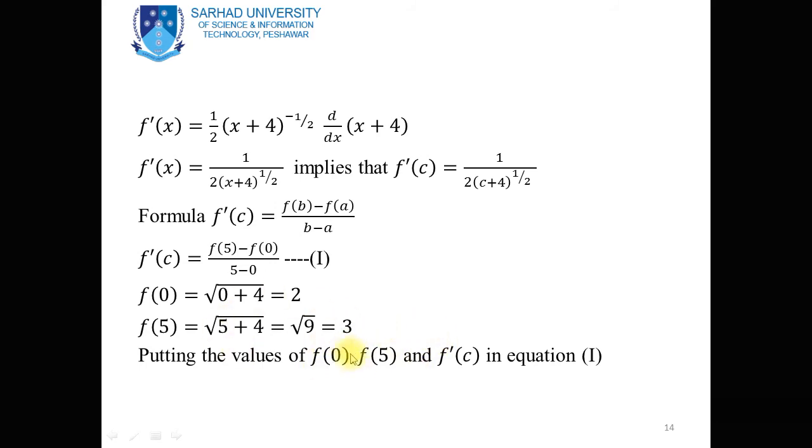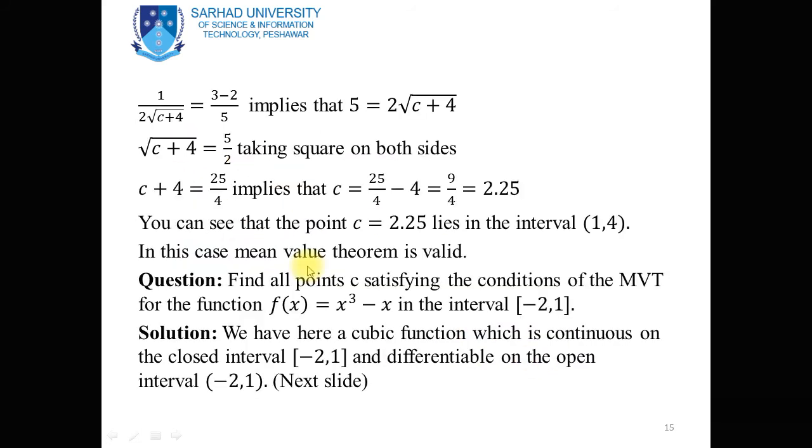Now putting the values of f of 0, f of 5, and the derivative of the function at x equals c in equation number 1, we obtain 1 over 2 under root c plus 4 is equal to 3 minus 2 divided by 5, and this implies that 5 is equal to 2 into under root c plus 4. So taking the square on both sides, we obtain c plus 4 is equal to 25 by 4, and this implies that c is equal to 25 by 4 minus 4, which is equal to 9 by 4, and 9 by 4 is equal to 2.25.